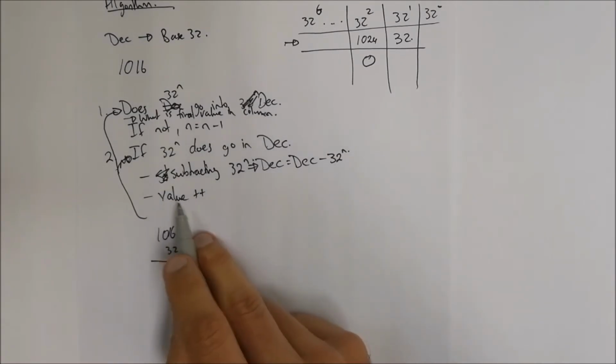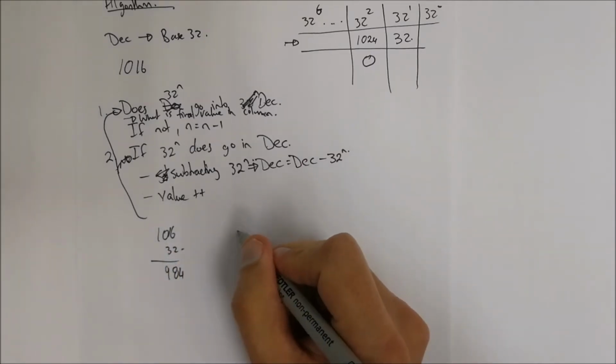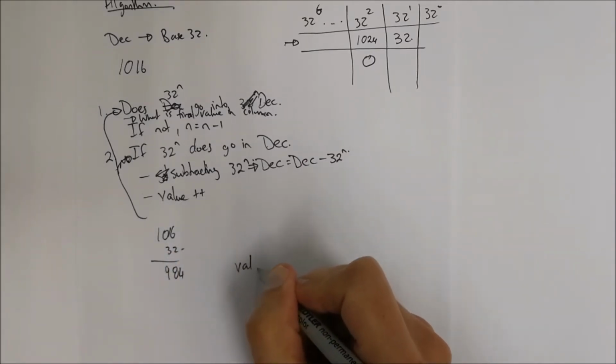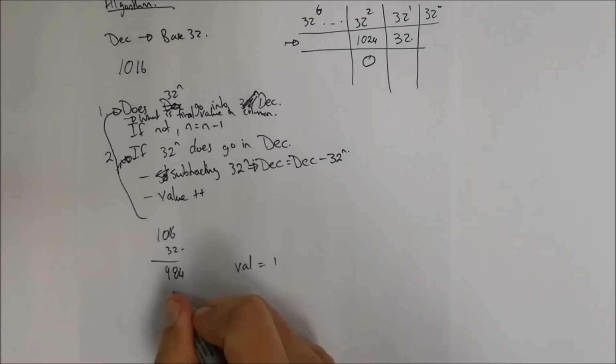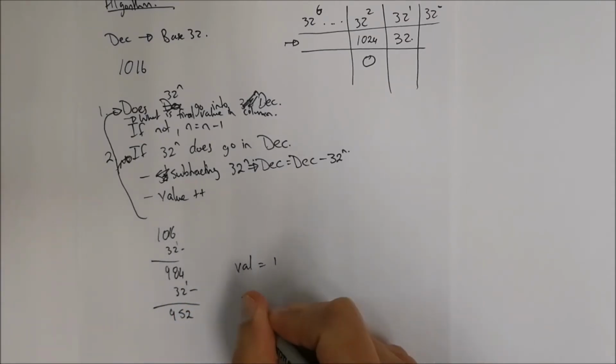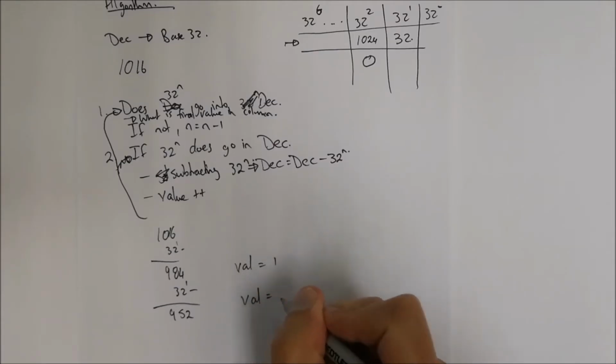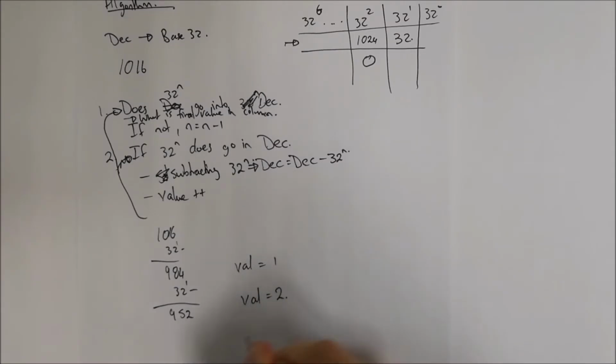At the moment, the value would be equal to 0. So now the value is equal to 1. Then we subtract again 32 to the power of 1, and we end up with a value of 952. And therefore we increment the value again, and it becomes 2.